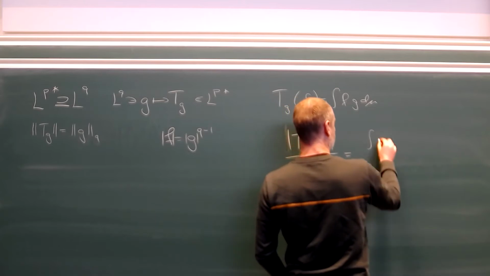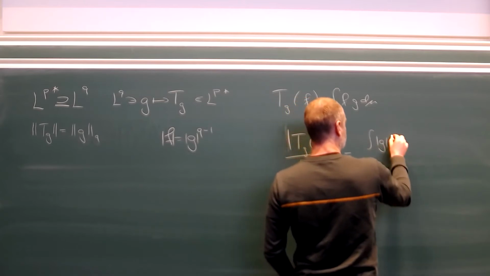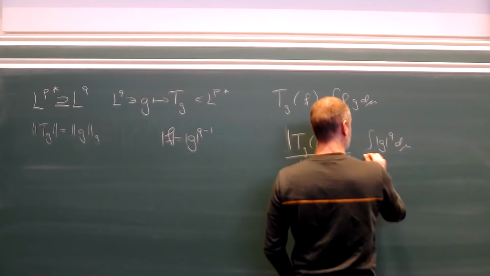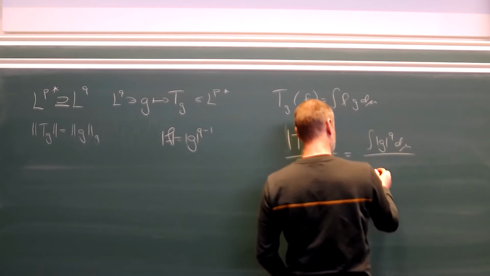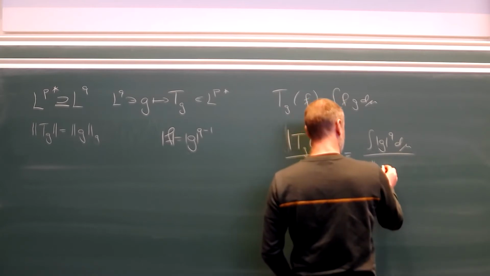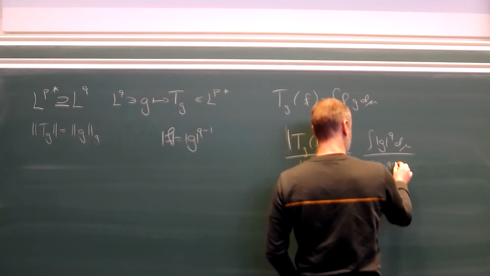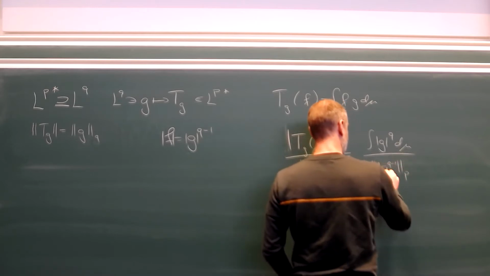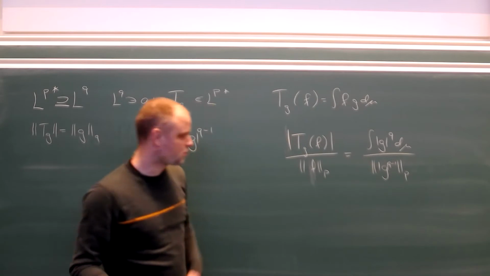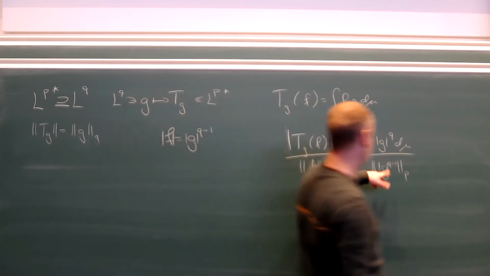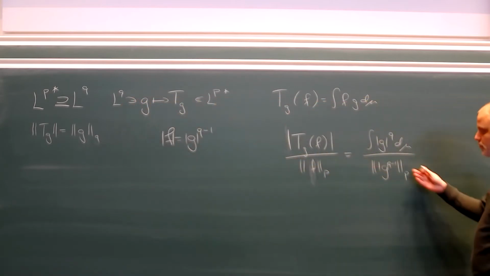Then here you get the integral of modulus g to the power q dμ, and down here you get g to the power q minus 1 in the p norm.